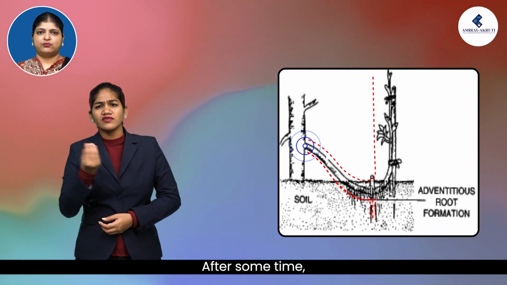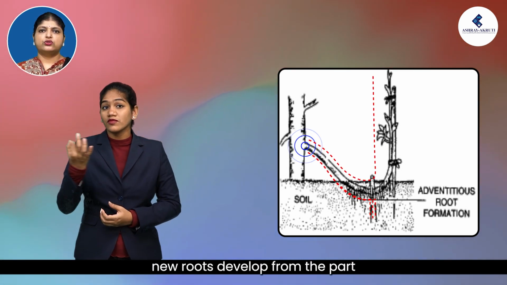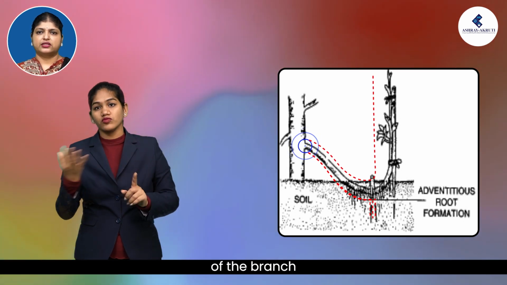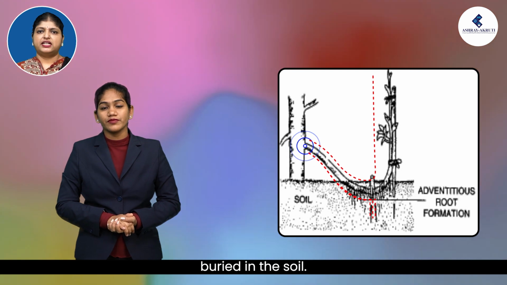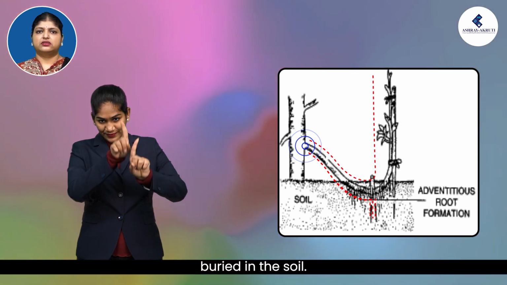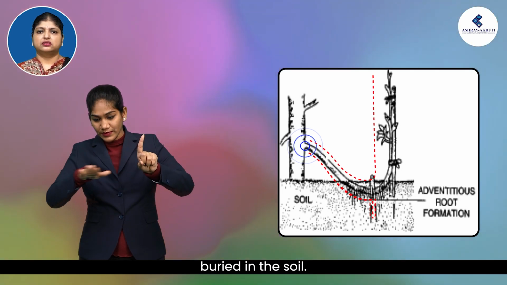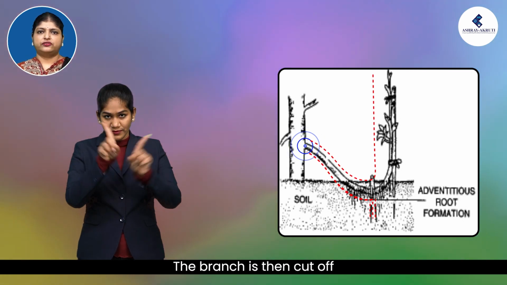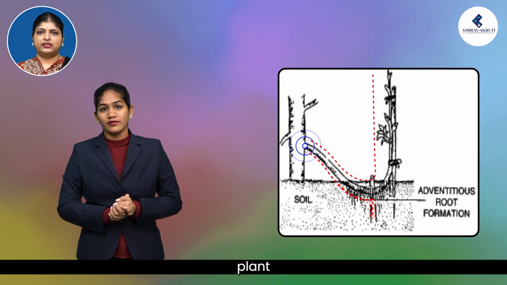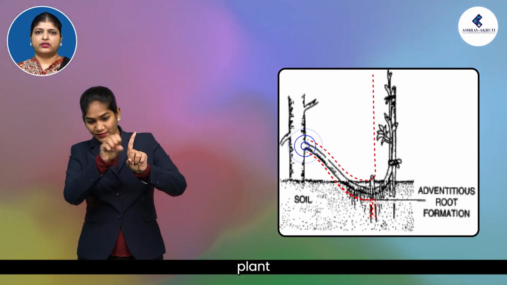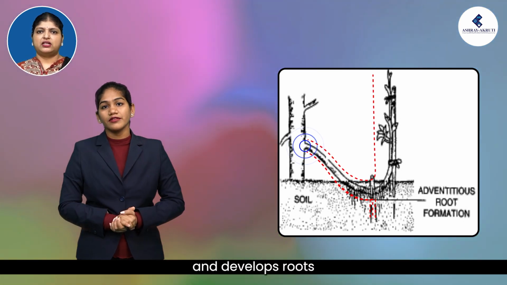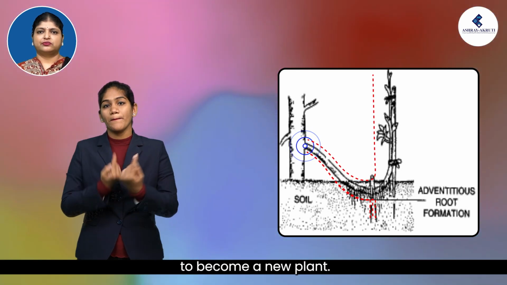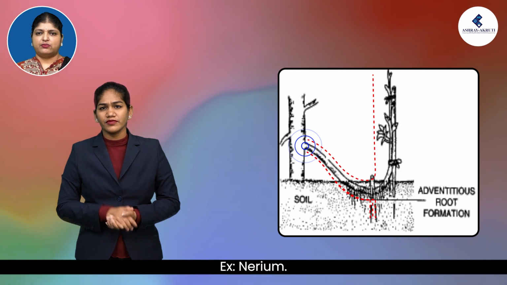After some time, new roots develop from the part of the branch buried in the soil. The branch is then cut off from the parent plant and develops roots to become a new plant. Example, nerium.